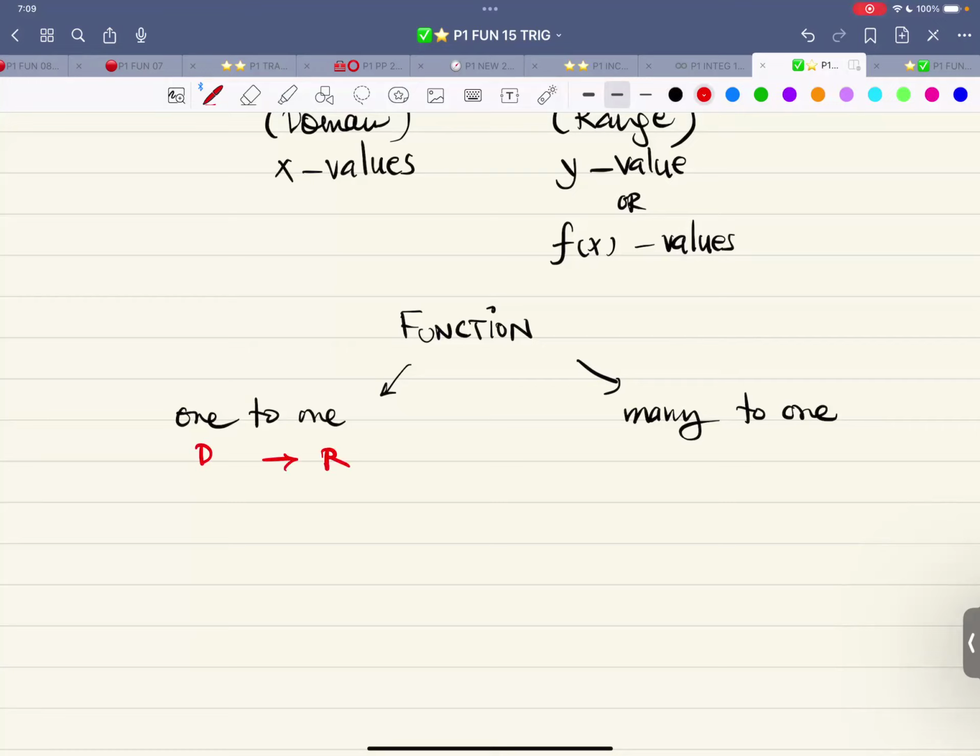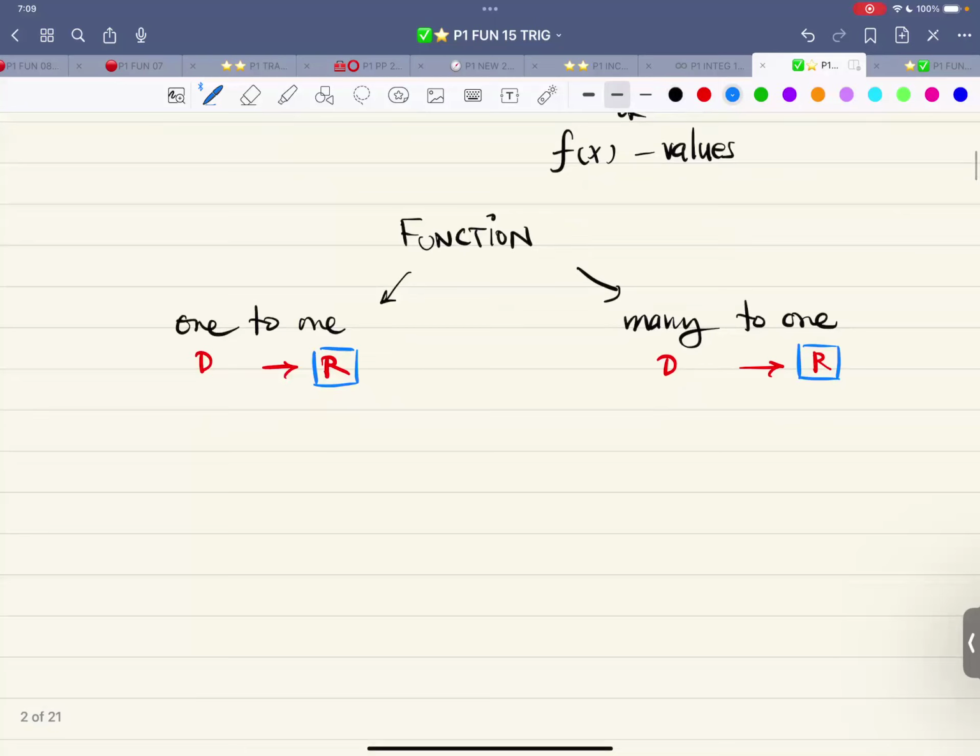When we talk about many-to-one, many values of domain are giving you one value of range. Naturally, there should be one unique value in the range. We are interested in one-to-one because only a one-to-one function has an inverse. Inverse only exists for a one-to-one function.